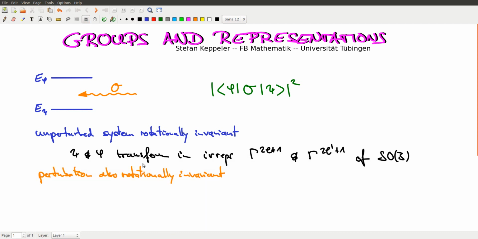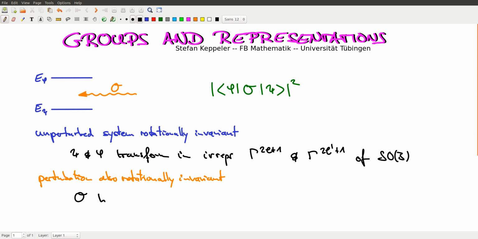Okay, and now the perturbation, so the perturbation here is shining light on the atom, is also rotationally invariant. So it's not only the atom itself that looks the same from all directions, but it also doesn't matter from which direction we shine the light on the atom. Then this operator O also transforms in some irrep of SO3.